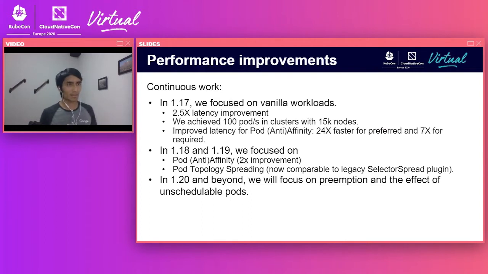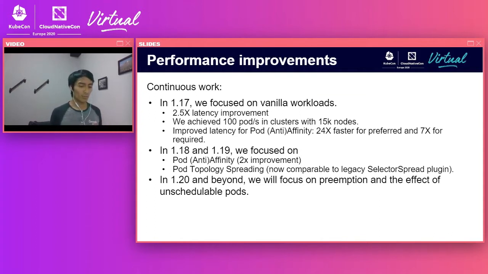And this is some work we do continuously. We are always working on getting our algorithms to run faster, to use fewer resources, fewer API calls, etc., such that we can continue to meet our latency goals. In 1.17, we focused on vanilla workloads.